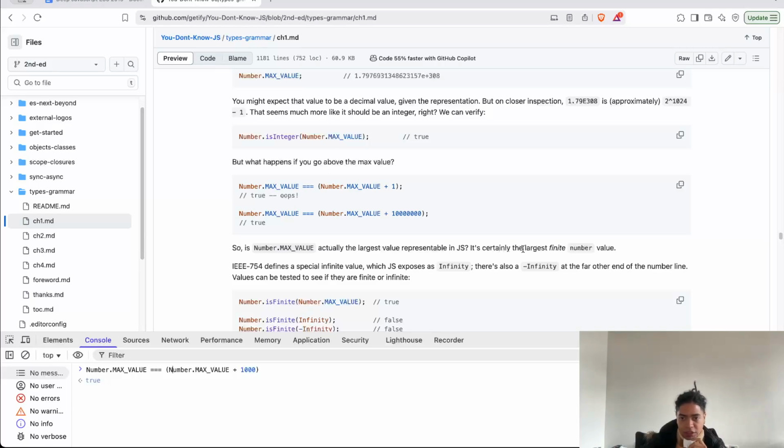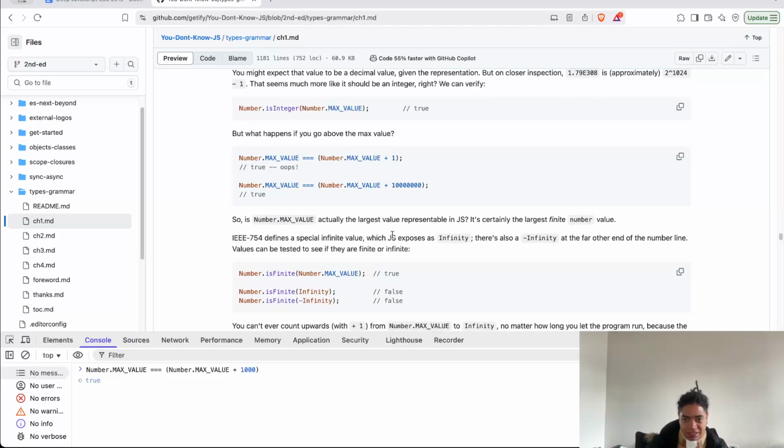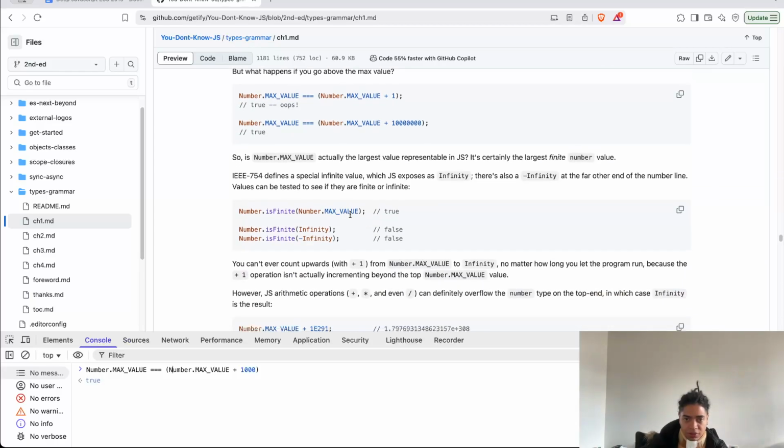It is certainly the largest finite number value. ES defines a special infinite value which JavaScript exposes as Infinity. There is also a minus Infinity at the other end of the number line. Values can be tested to see if they are finite or infinite.